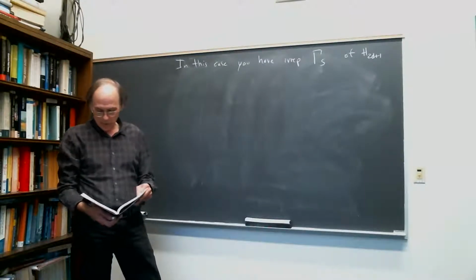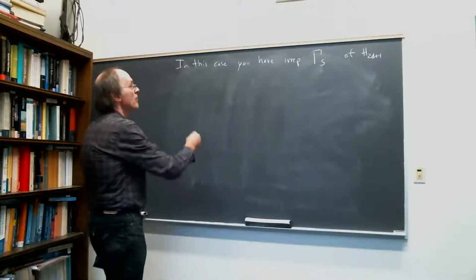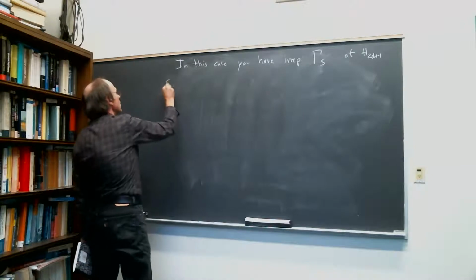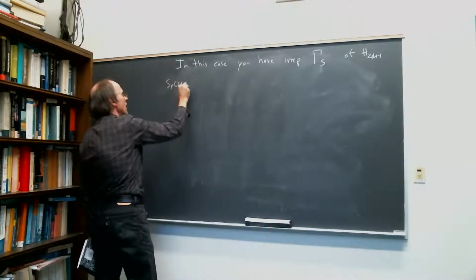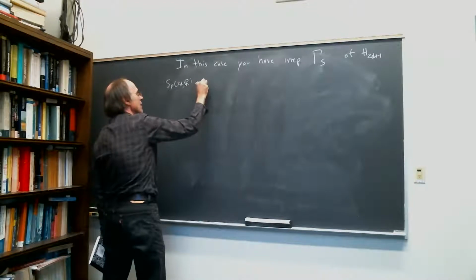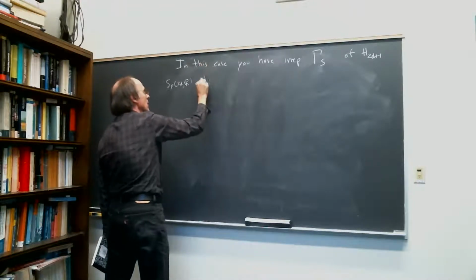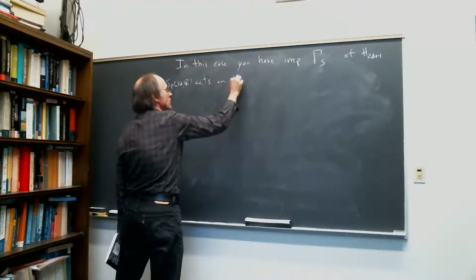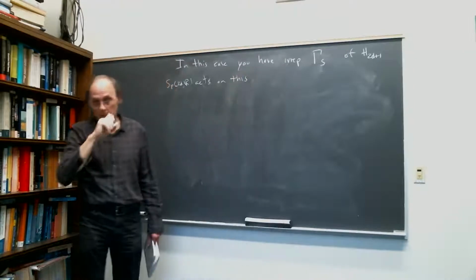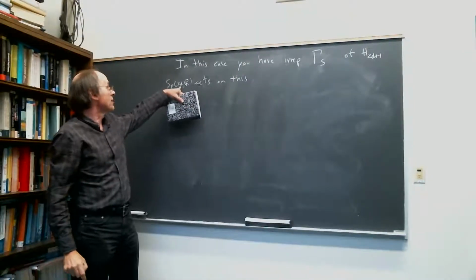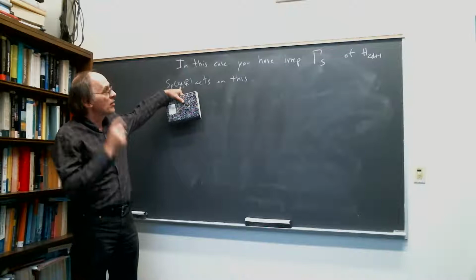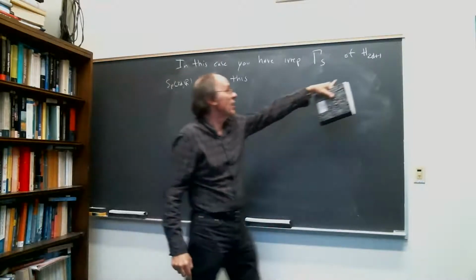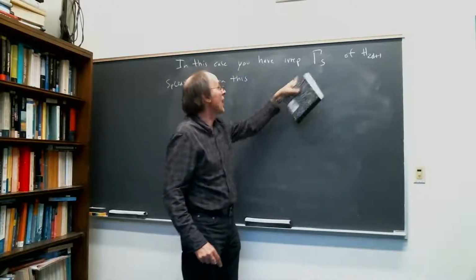And then what happens is that Sp(2d, R) acts on this, as I was saying, by automorphisms. The symplectic group acts by automorphisms on the Heisenberg group, so it's going to act on this guy.